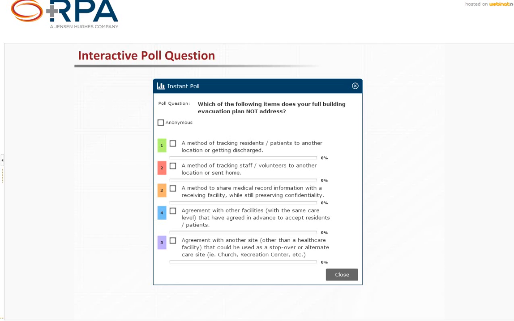Then, do you have agreements with other facilities at the same level of care, and have they accepted agreements to receive your patients? And do you also have an agreement with an alternate care site that could be used? Not a healthcare facility, but an area like a church or a rec center. Select any of those that would not apply.